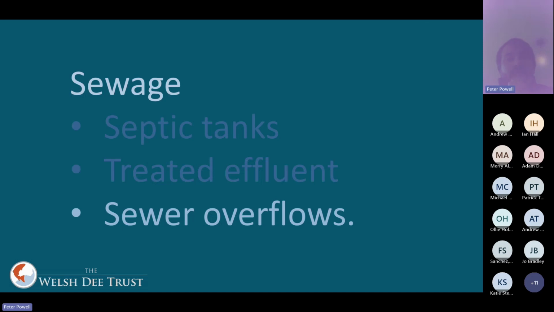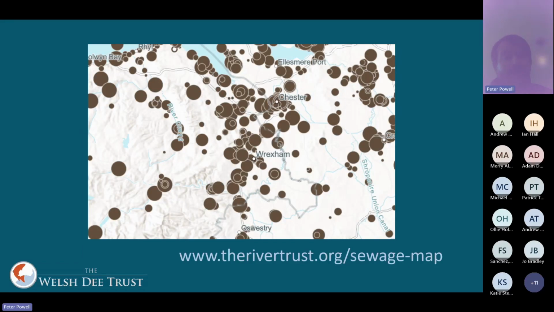And then the final pathway by which sewage, and the phosphorus from sewage, is making its way into watercourses is from sewer overflows. The vast majority of the sewage system in the UK is built around a combined sewer system. This means that all of the rainwater and all of the sewage goes into a single pipe, which goes to the sewage treatment works.